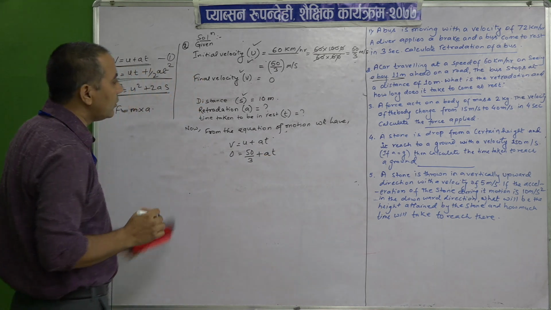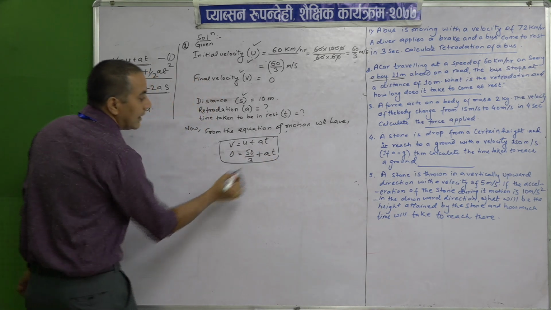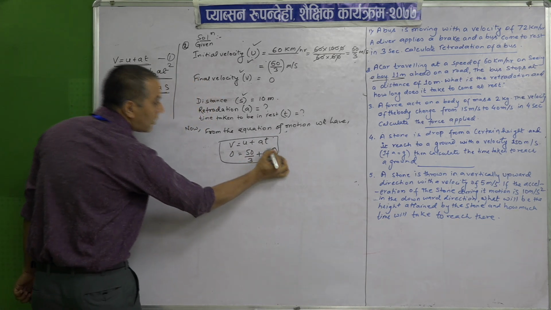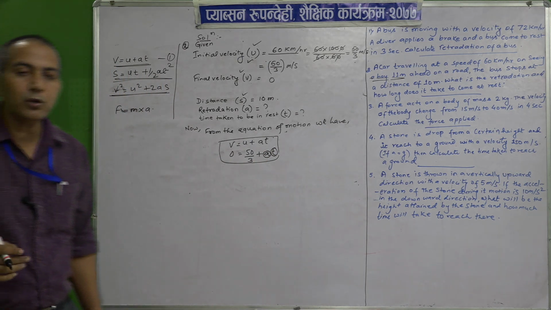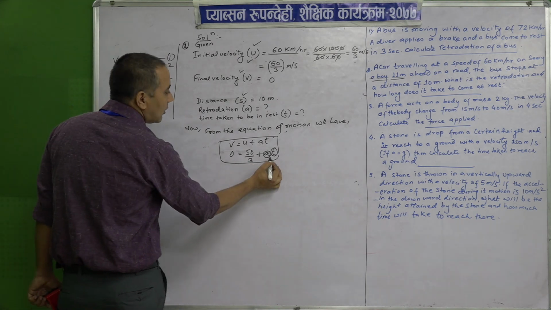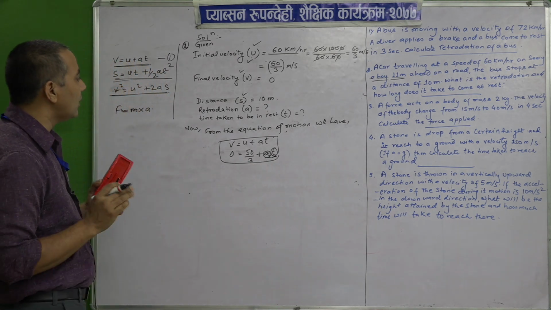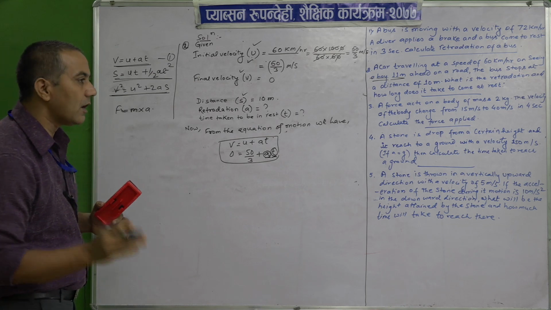So, can we use this formula? This is one example. a is unknown and t is also unknown. No, we cannot, because two things cannot be found out at a time. Only one thing can be found at a time.